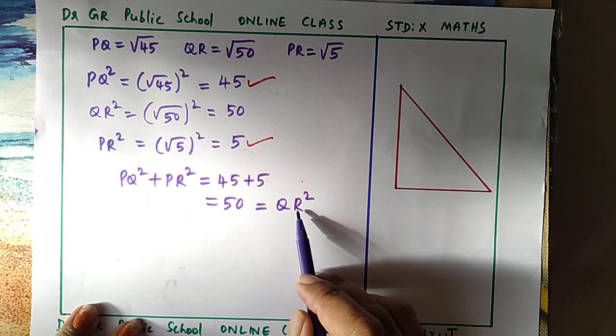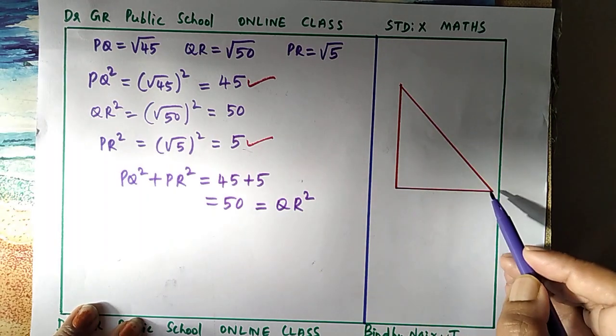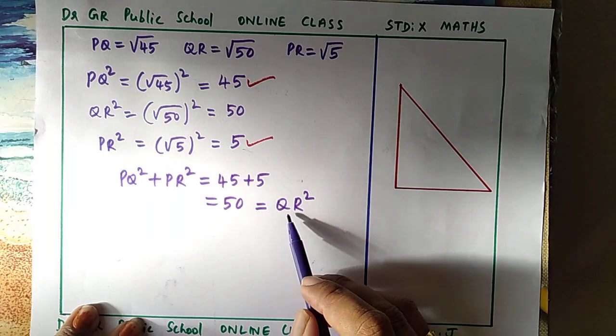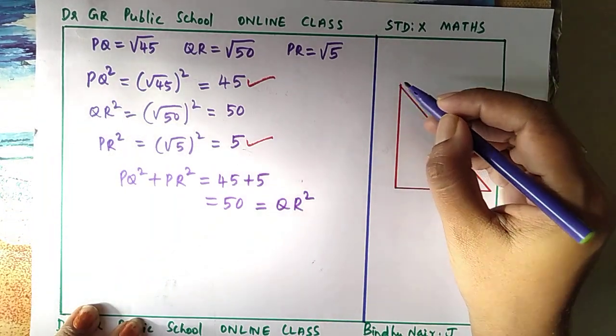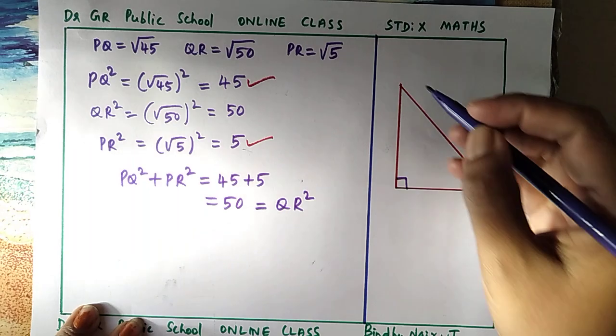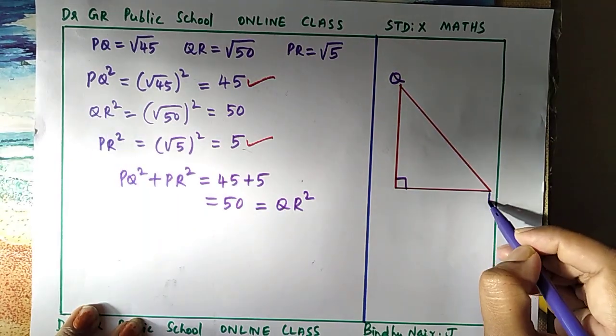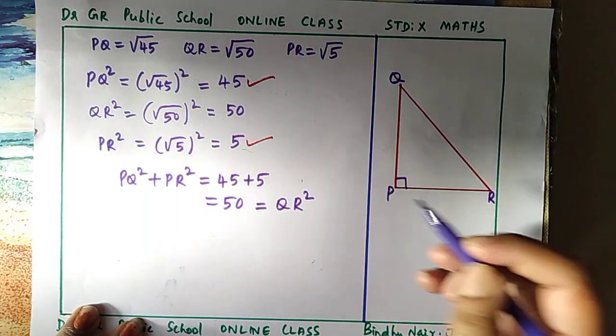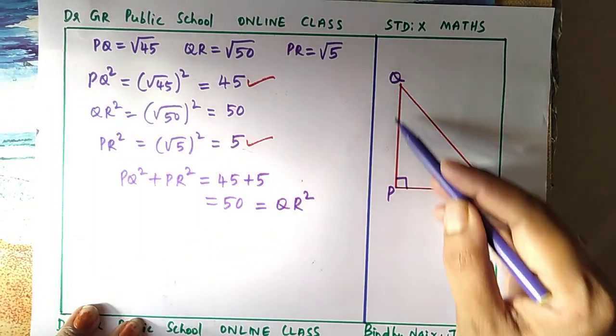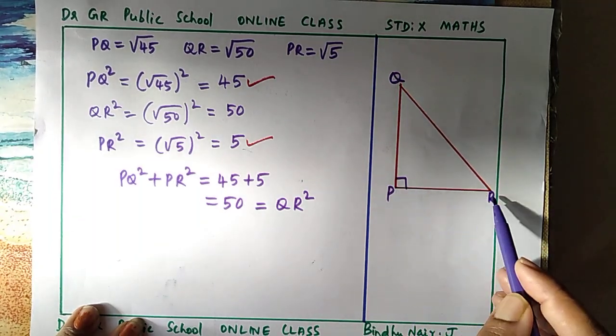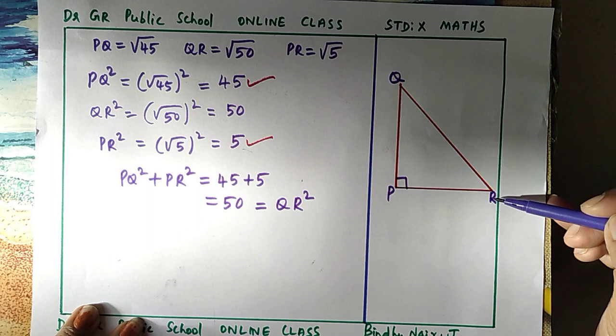So who is this third side? The hypotenuse. And using the Pythagoras theorem, when you consider a right triangle, this QR is the hypotenuse, the 90 degree will be at P. So you can say PQ square plus PR square is equal to QR square.